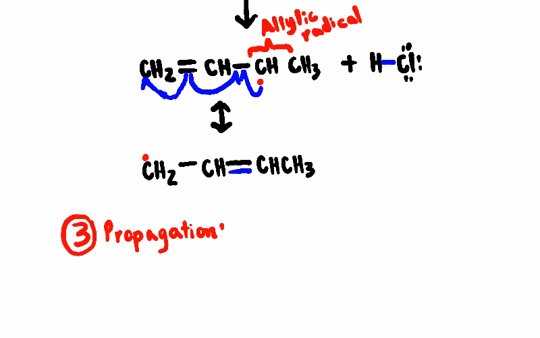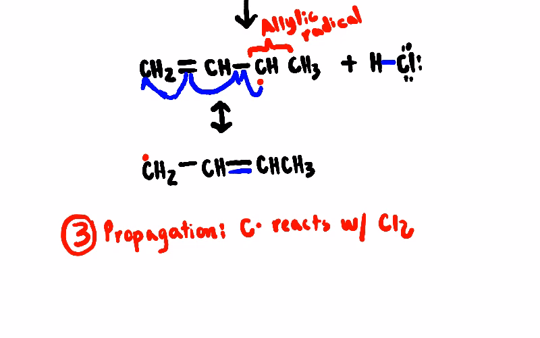So in our propagation step here, the carbon radical, which I'll abbreviate as C dot, is going to react with Cl2, and that's going to yield our final product, where we've substituted a hydrogen with a halogen.